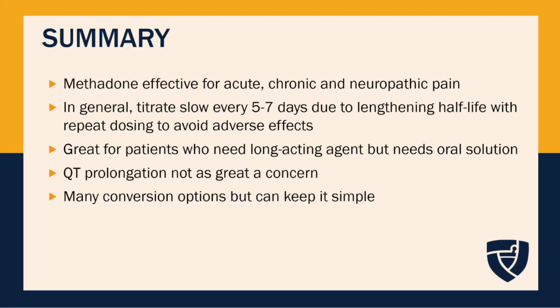I want to note that it can be used through feeding tubes and other types of GI tubes as a long-acting agent, which really isn't available in our other sustained-release opioid formulations. QT prolongation is really not as large a concern as some might think, and there are many conversion options for moving from other mu opioid agonists to methadone, but you can generally keep it simple with the McPherson method.